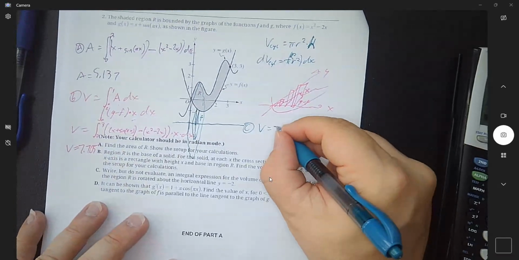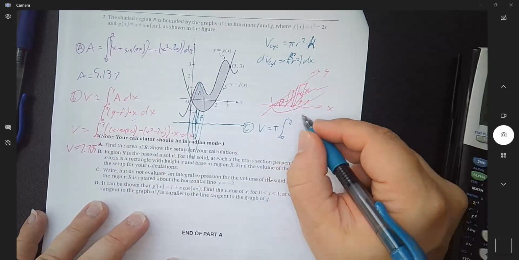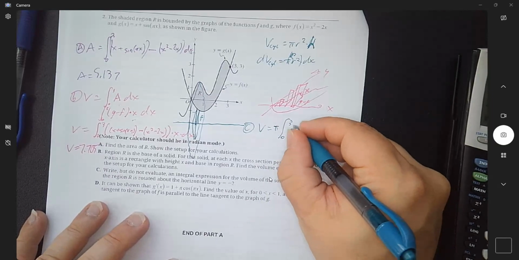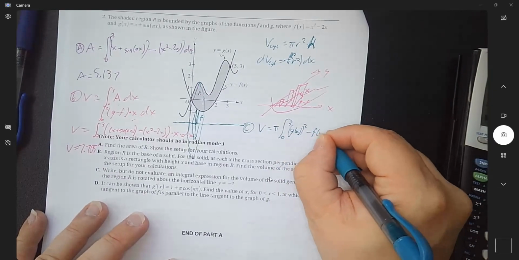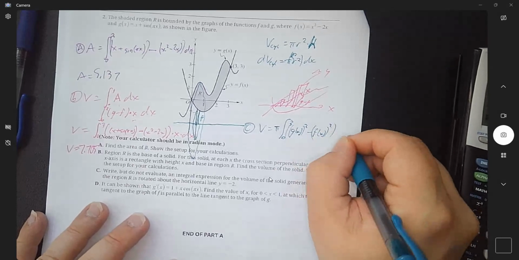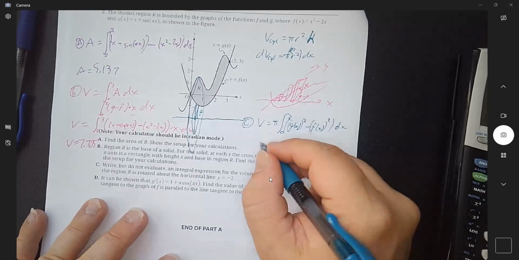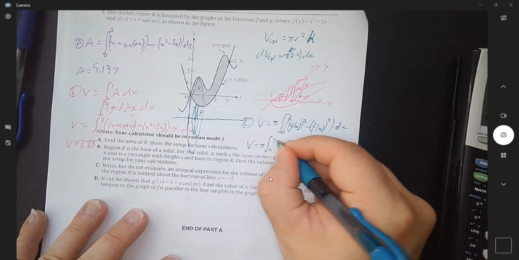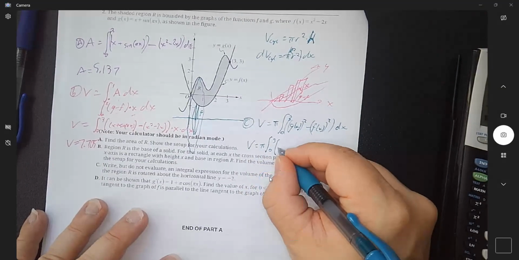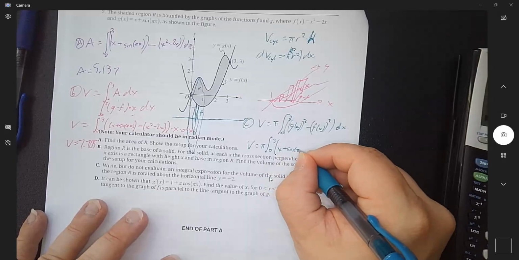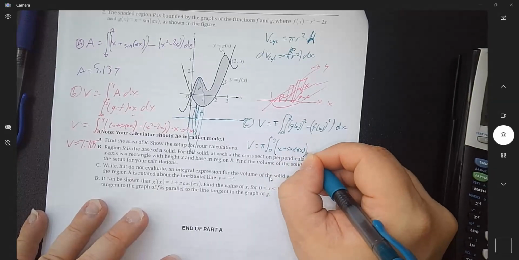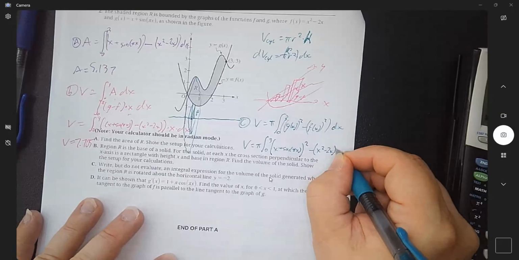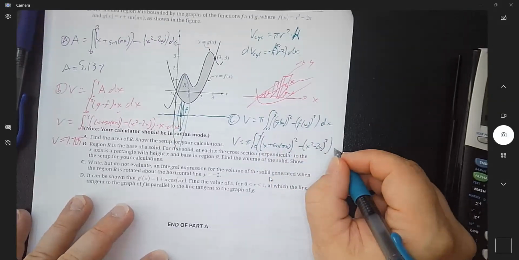So we're going to do pi, integrate from 0 to 3, of g of x squared minus f of x squared dx. So V equals pi integral 0 to 3 of (x plus sine pi x) squared minus (x squared minus 2x) squared dx.